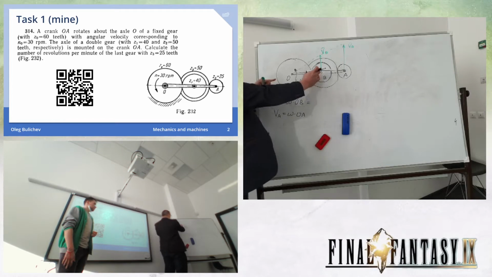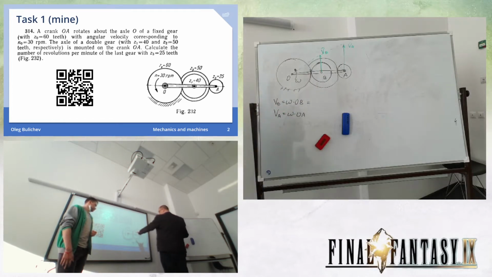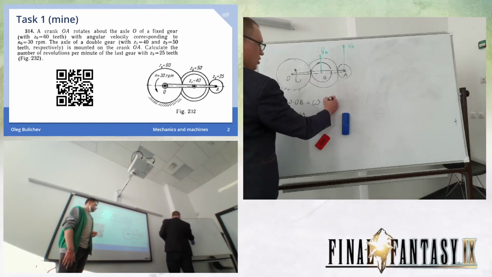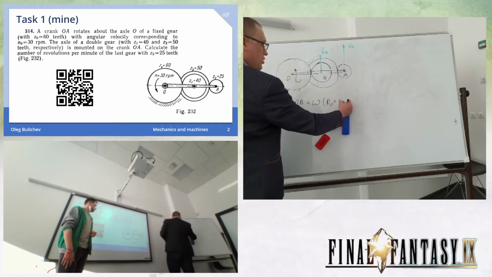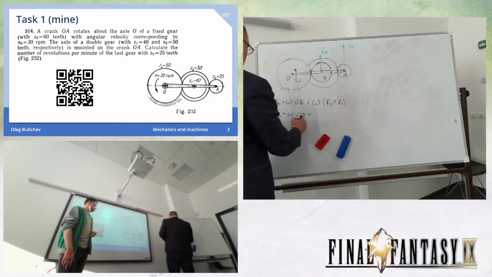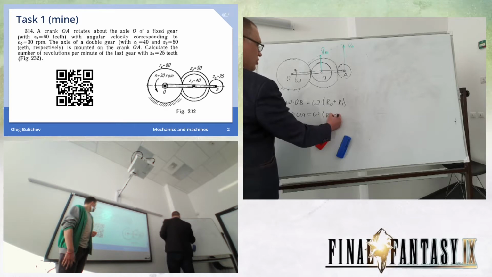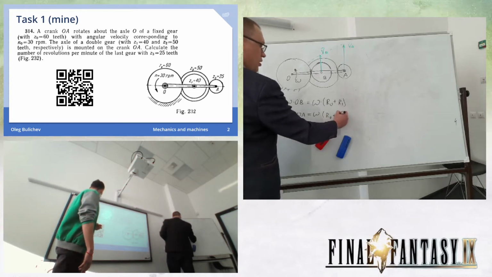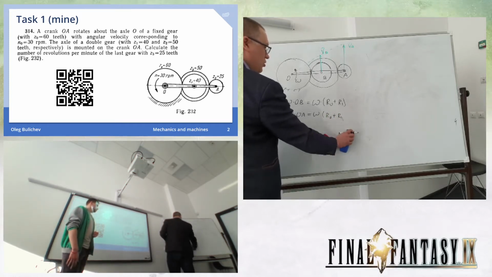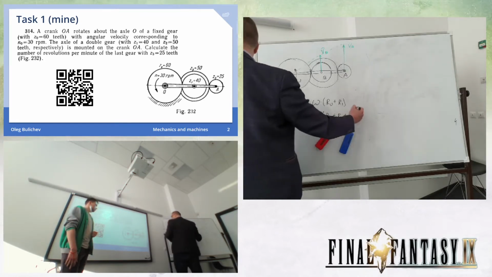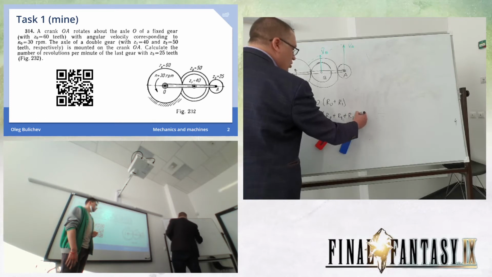Of course, OB is R0 plus R1, and OA is R0 plus R1 plus R2 plus R3.